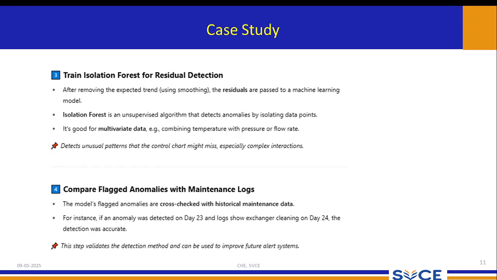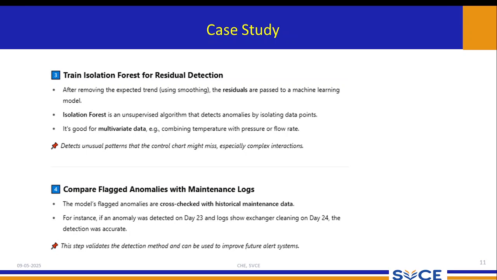Train isolation forest for residual detection. That is the third step. So how to do it? After removing the expected trend using smoothing, the residuals are passed to a machine learning model. Isolation forest is an unsupervised algorithm that detects anomalies by isolating data points. It is good for multivariate data, for example, combining temperature with pressure or flow rate.